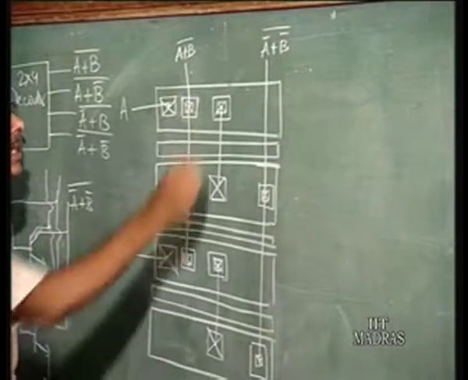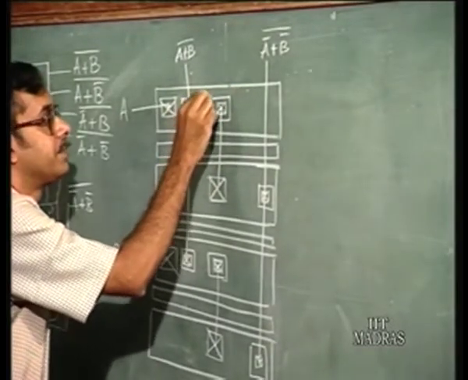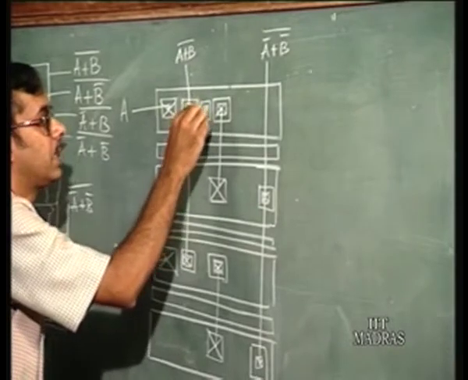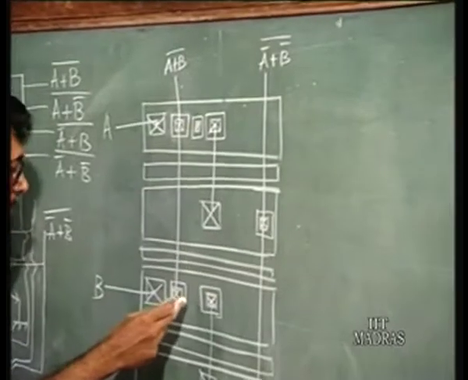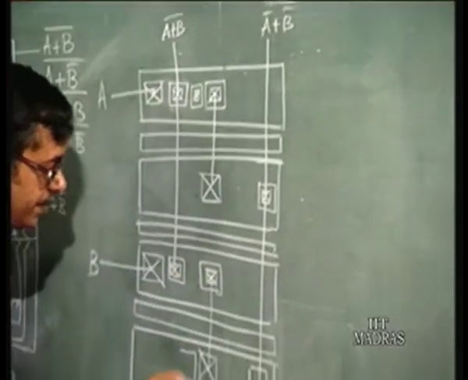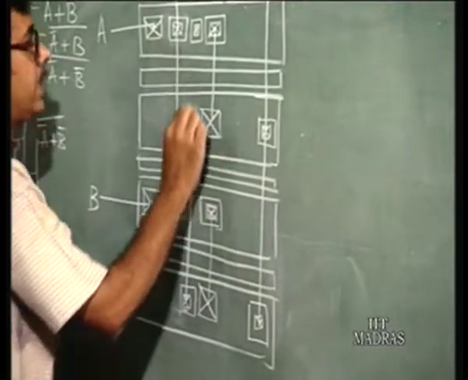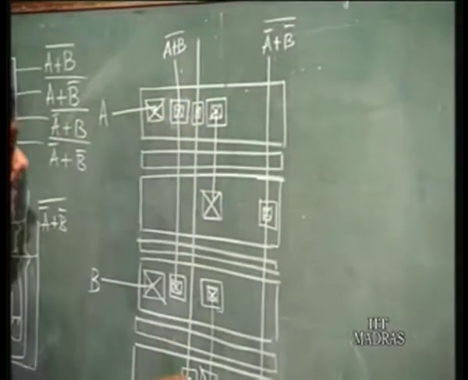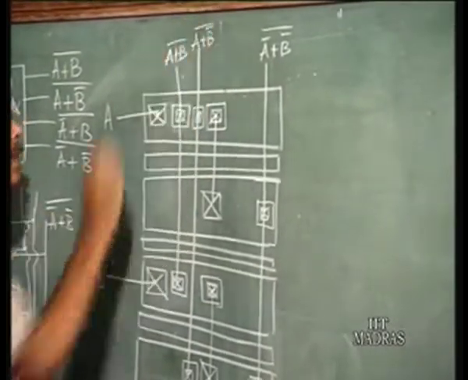Now if you take one collector from here, and this is A and say B bar, and this is a metal line running all over, shorting this and this, you get A plus B bar.